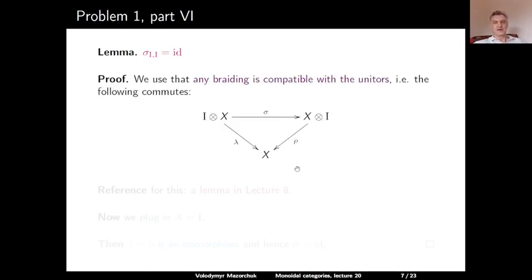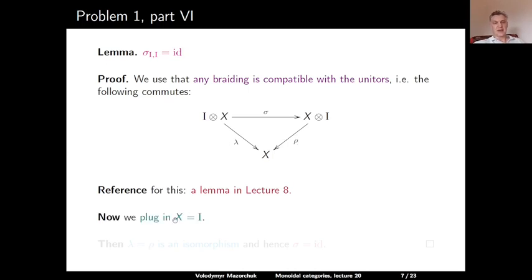Recall that there was a lemma in lecture 8 where we established that any braiding, not necessarily symmetric, is compatible with unitors in the sense that for any object x, the following diagram commutes. So identity tensor x, we use the braiding to go to x tensor identity, and then from the first object we have the left unitor to x, from the second object we have the right unitor to x. This diagram commutes.